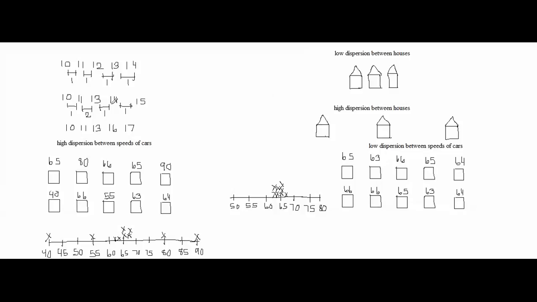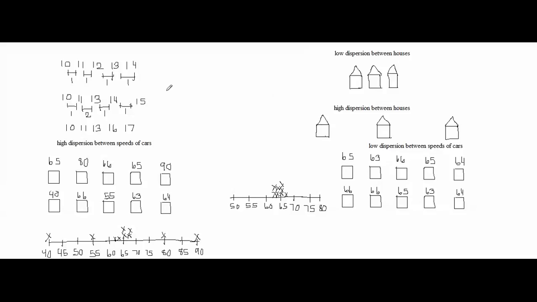And we'll talk about how we can actually calculate a value that can do that. But first, let's talk a little bit more about why it is important to measure the amount of dispersion in a set of numbers, or in a set of quantitative data.